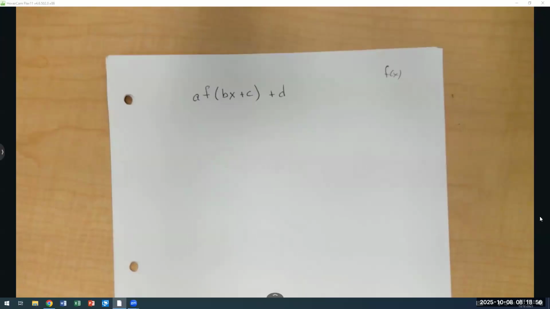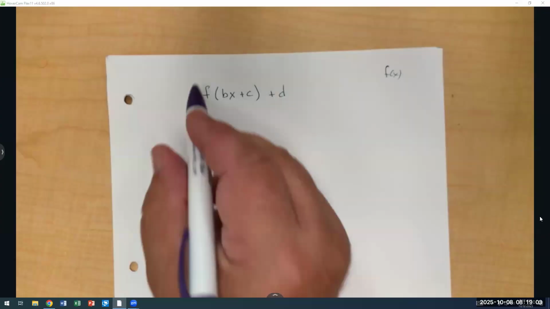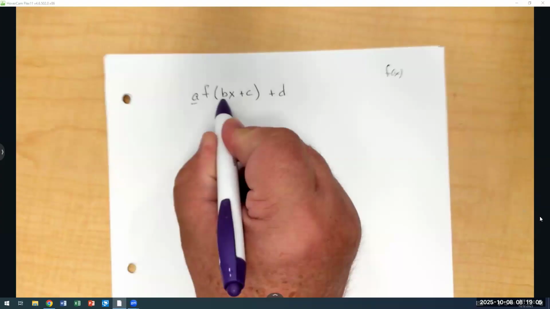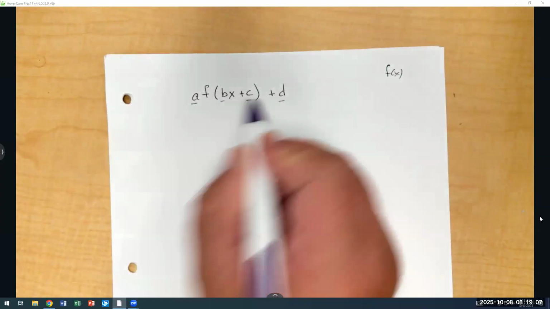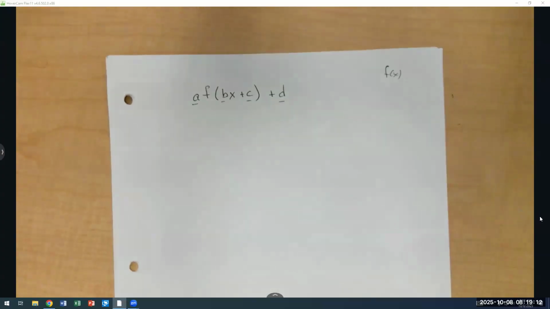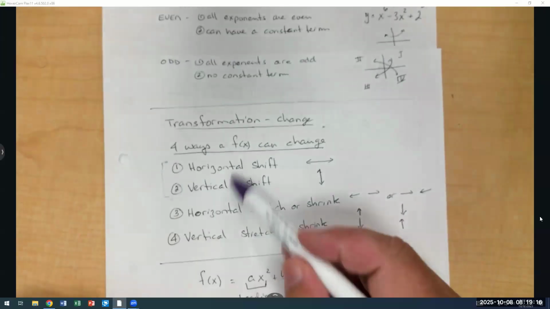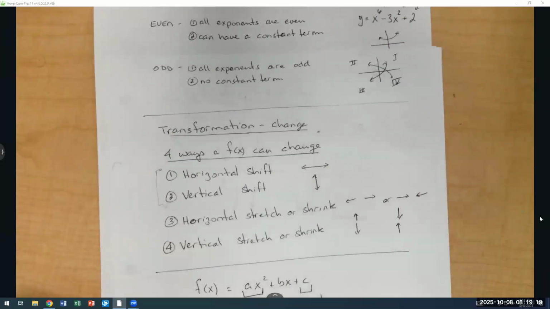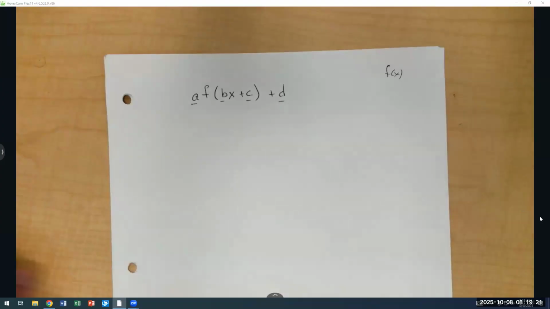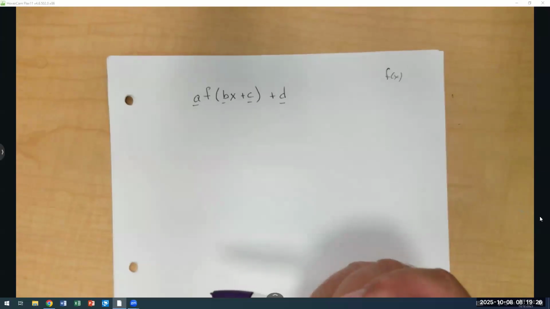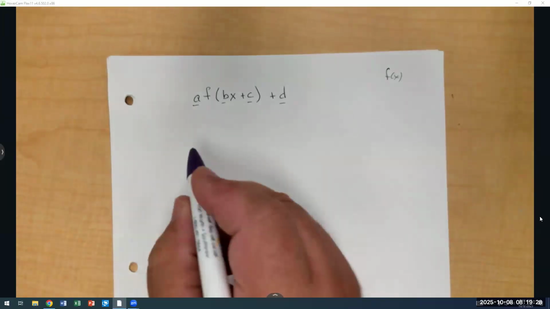But this is really what's happening. A, B, C, and D all tell us something different about the graph, what's going to happen to it. Remember, we have 4 things that can happen. These 4 things are dependent on these A, B, C, and D. So let's begin.